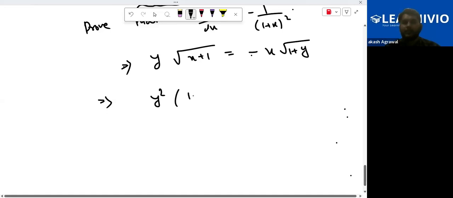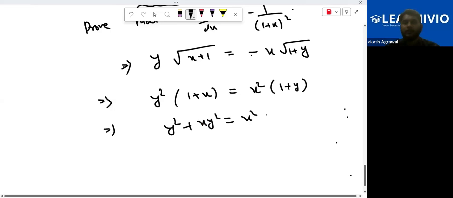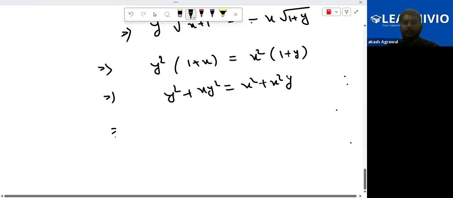Okay, if we square both sides, we'll get y square times 1 plus x is equal to x square times 1 plus y. Let's multiply: y square plus x y square is equal to x square plus x square y. Let's bring y square and x square one side and whatever is left on the other side.